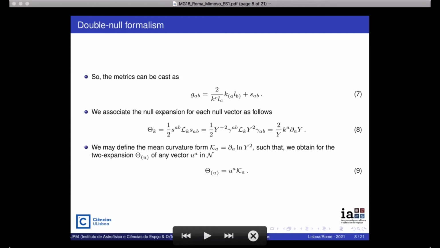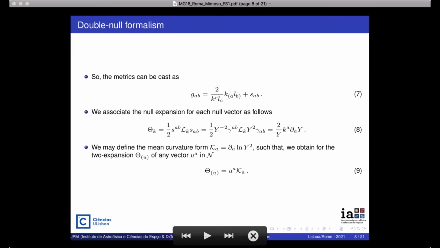And we define null expansions in this way. So basically, for a vector k, the null expansion associated with this vector is this contraction of k with the gradient of y, which is the factor which scales the two-dimensional subspace of the leaves. And in fact, this is basically a mean curvature, the y dot over y.